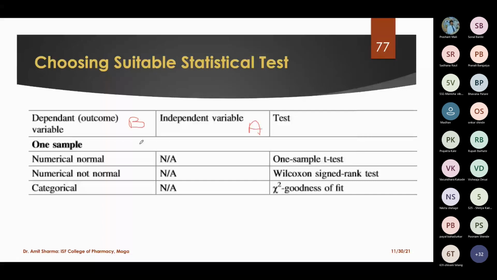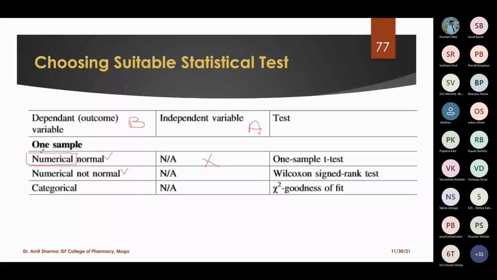Clear? And you can see on the chart, when you don't have an independent variable and you have only a dependent variable, and that dependent variable is given in terms of numbers, that is numeric data. And whenever I have written normal or not normal, it means the result of the test for normal distribution. That means you have only a dependent variable and that dependent variable is normal.